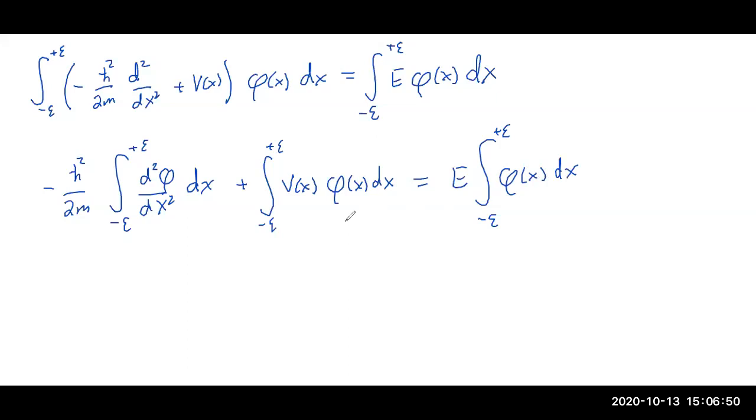Okay. So first of all, I can look at this first integral. This is also the integral from minus epsilon to plus epsilon of the derivative with respect to x of d phi dx.